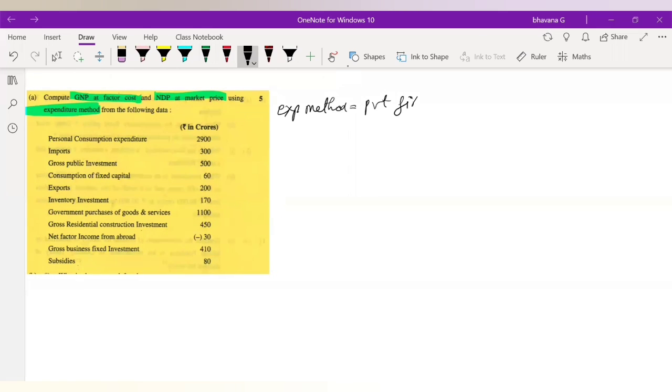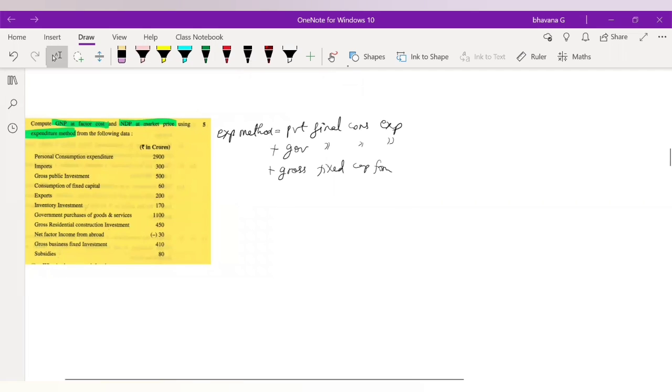Private final consumption expenditure plus you will have your government final consumption expenditure, and then you will have finally gross domestic fixed capital formation. Right, this is your formula.